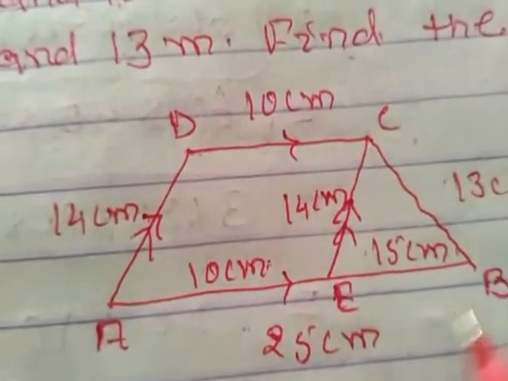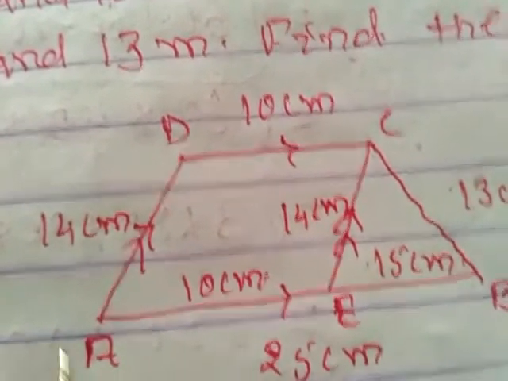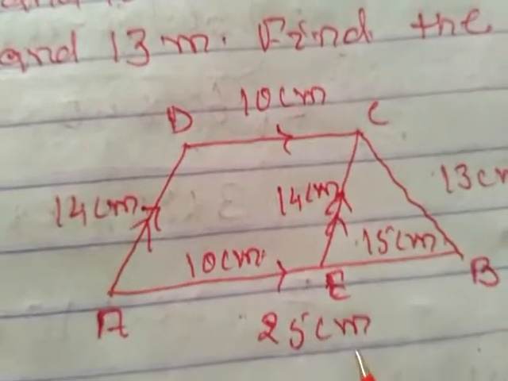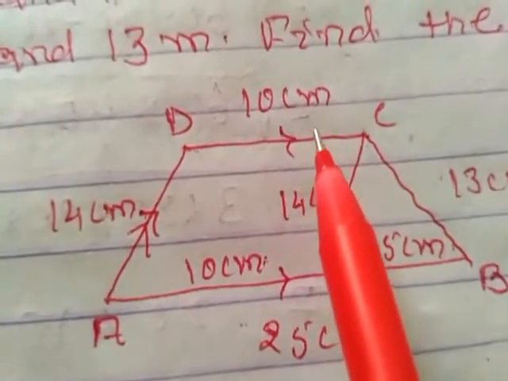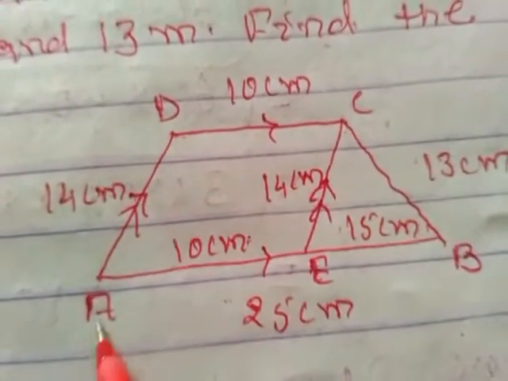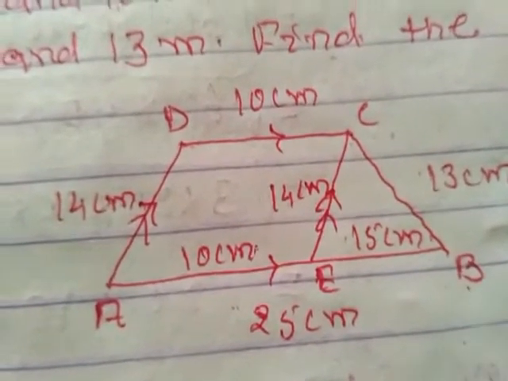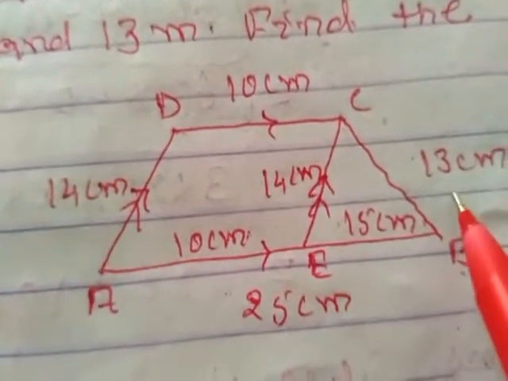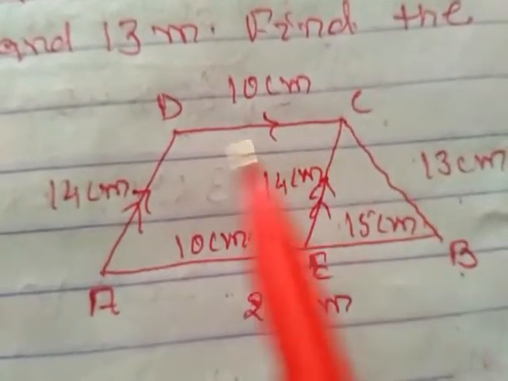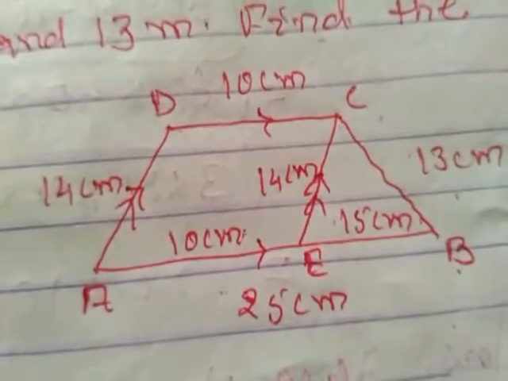Suppose ABCD is a field which is in the shape of a trapezium whose parallel sides AB and DC are 25 meter and 10 meter respectively, and whose non-parallel sides are AD and BC, respectively 14 meter and 13 meter. Now you are supposed to find the area of this trapezium.